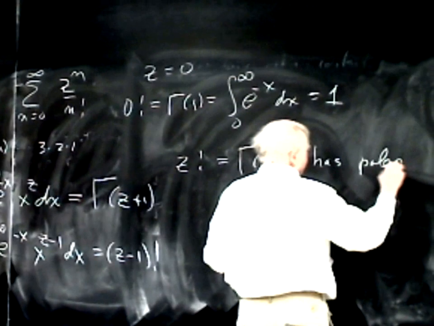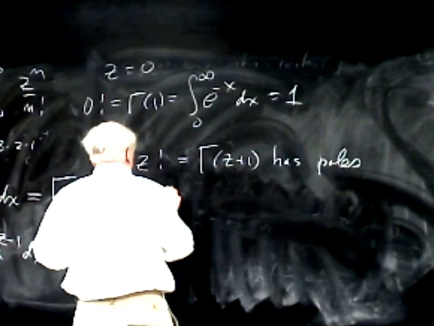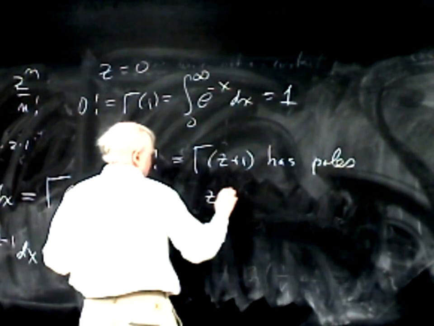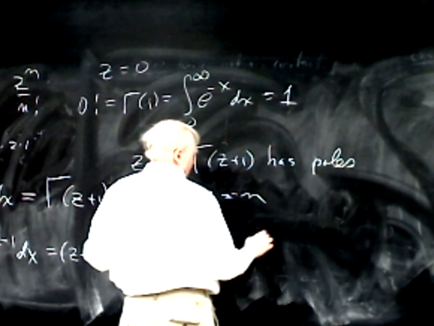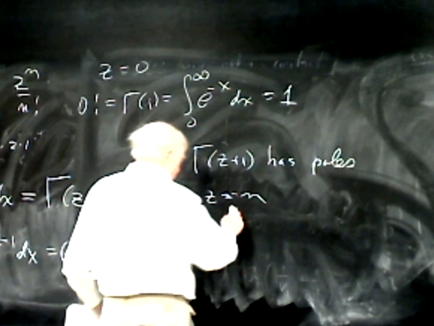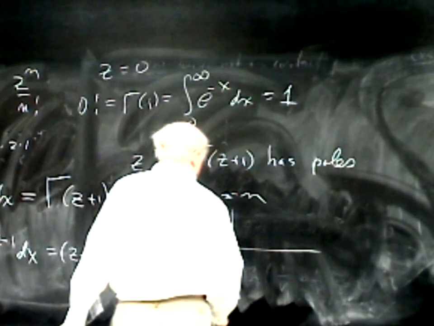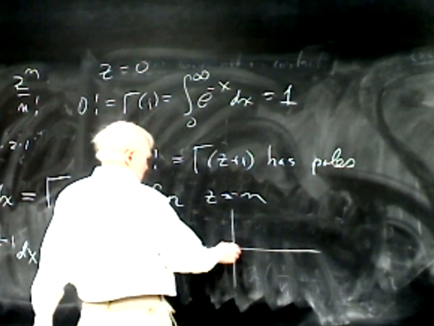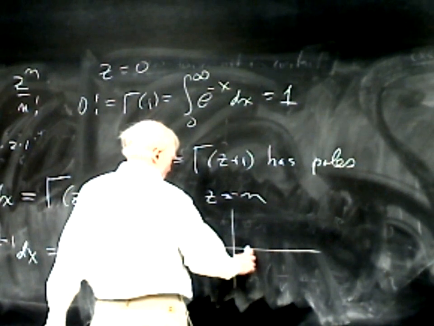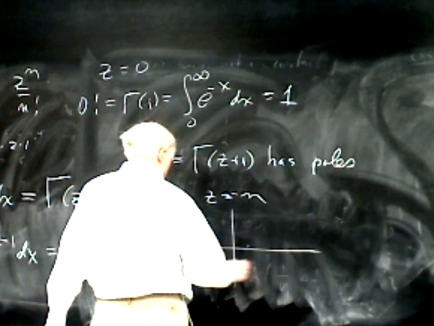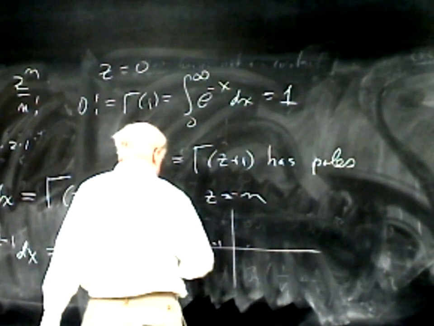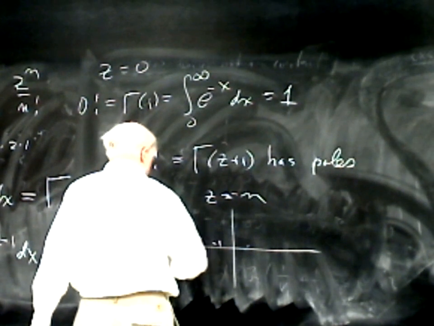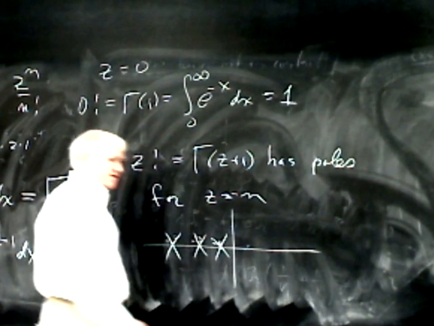In other words, it diverges for z equal to minus n. In other words, negative integers. So in the complex plane, z factorial for 0 is 1, for 1 it's 1, for 2 it's 2, and so forth. But minus 1, minus 2, minus 3, etc. The thing blows up.